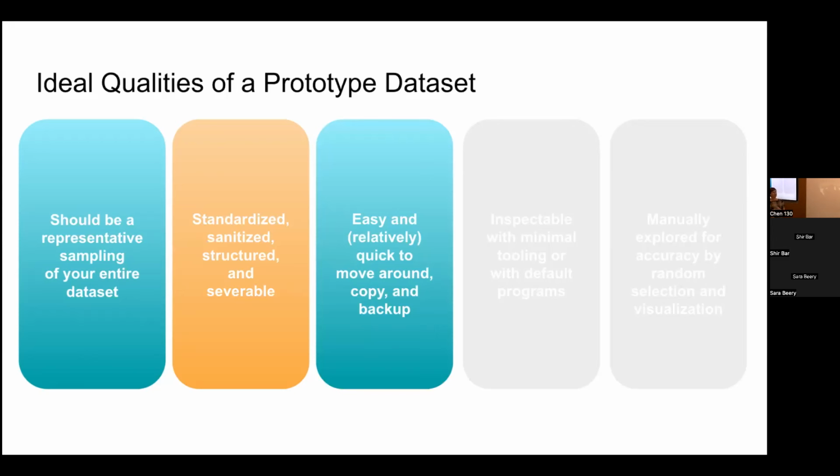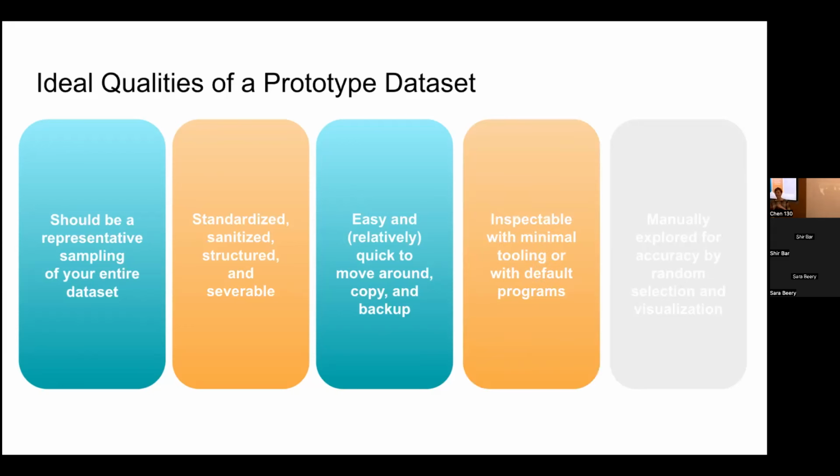We want it to be easy and relatively quick to move it around, copy it, back it up, basically work with it on different machines, on different computers, locally if possible. So you want it to therefore not be too huge. When you're doing this initial prototyping of what model you want to use, you want it to be small enough and structured in a way that makes it easy to move around.